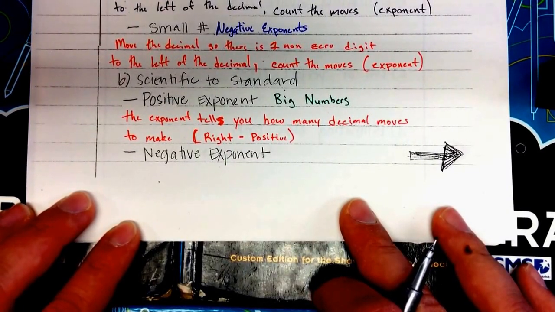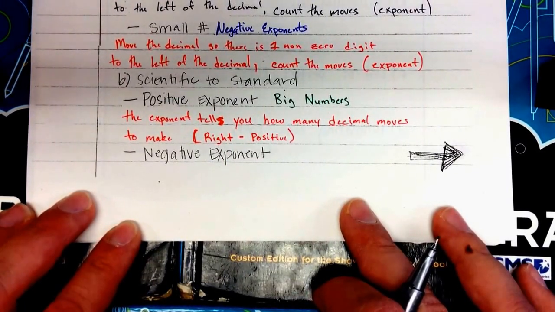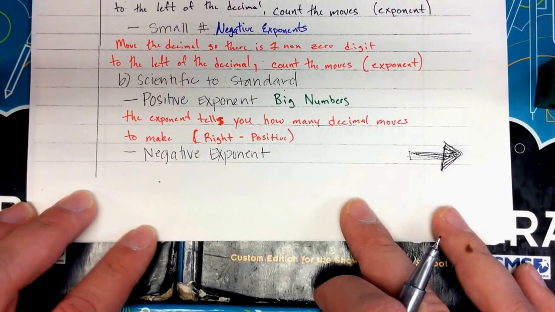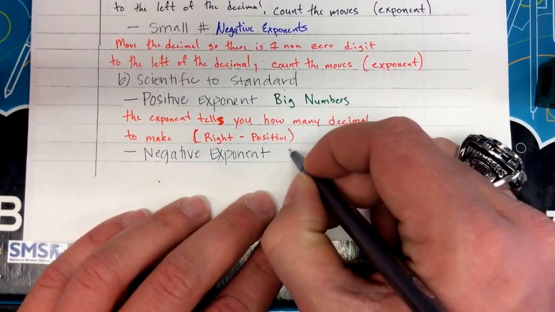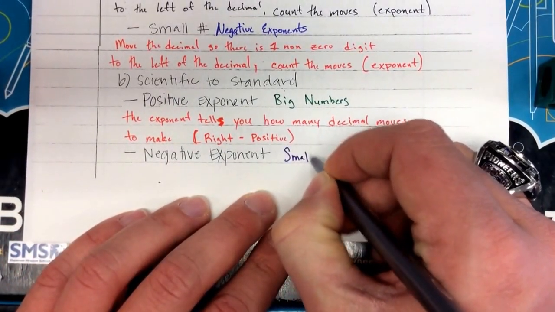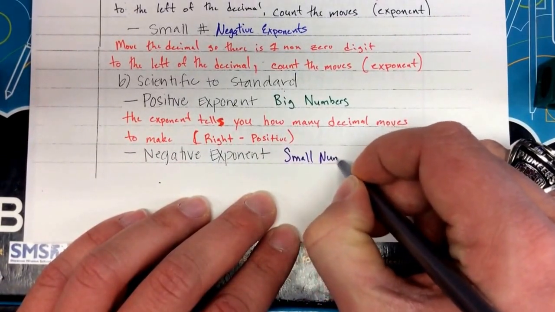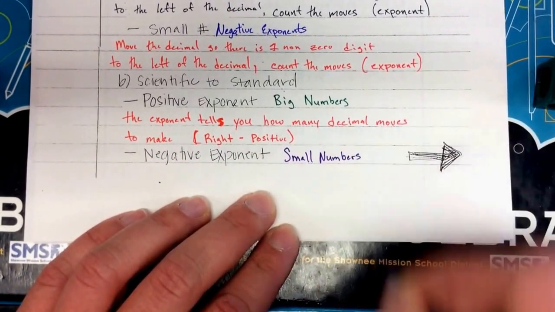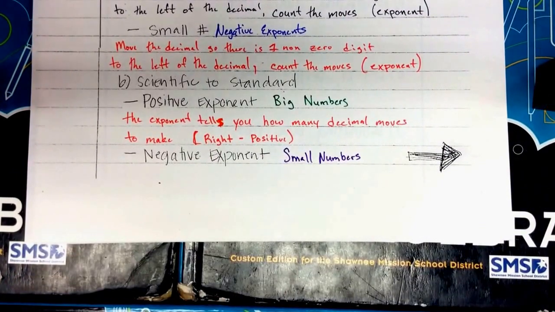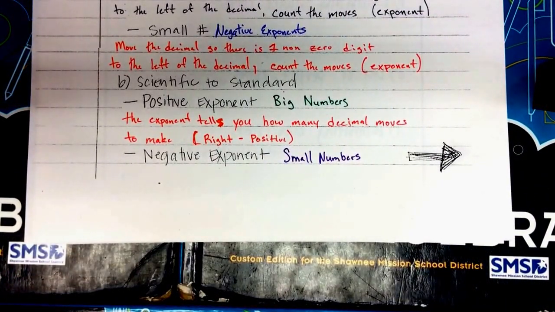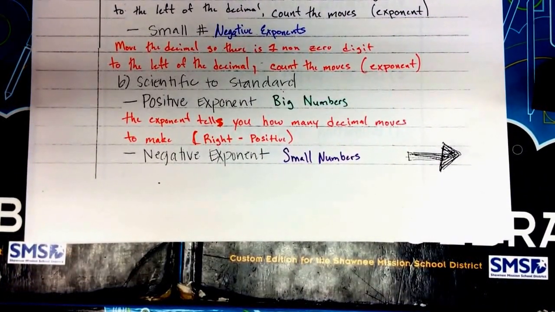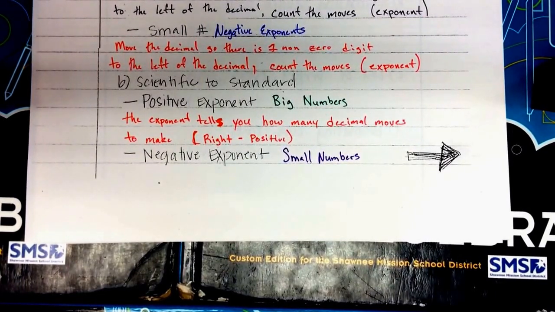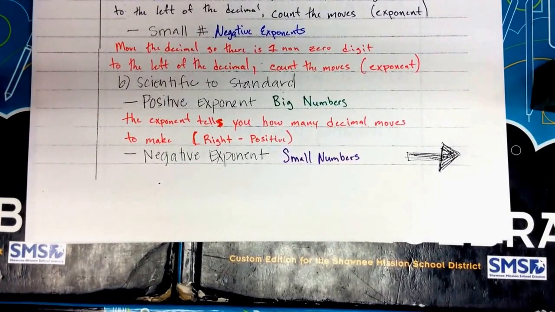Okay, so negative exponents. What kind of numbers are those going to be? Really small numbers. And what does a negative exponent tell you to do with your decimal? We're going to move it to the left, in the negative direction.